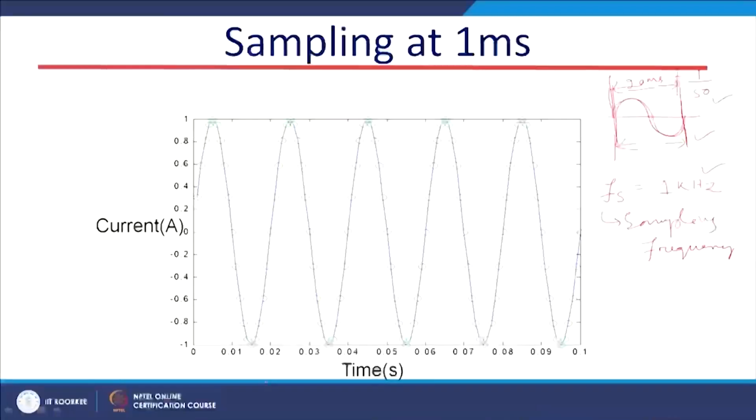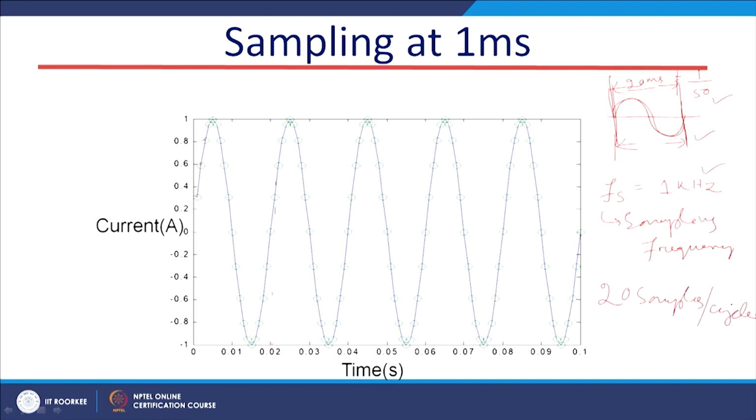If you count here, overall we have 20 samples per cycle.